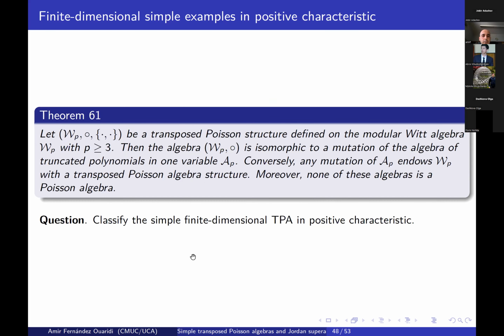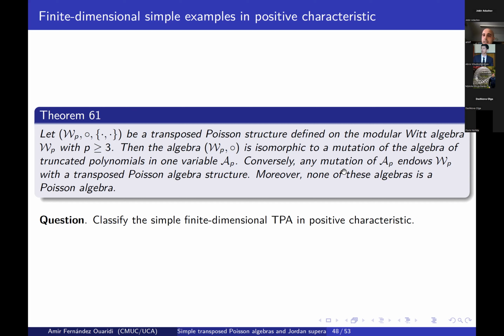Well, what we can prove is that if the circle bracket is a transposed Poisson structure on the modular Witt algebra W_P with P greater or equal to 3, then the algebra W_P is isomorphic to a mutation of the algebra of truncated polynomials in one variable, A_P.